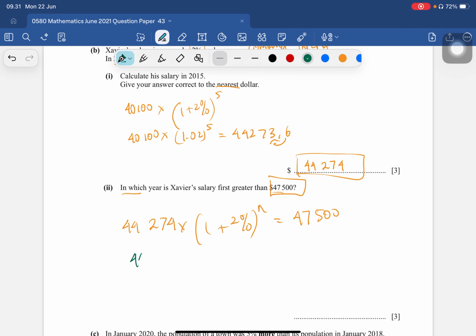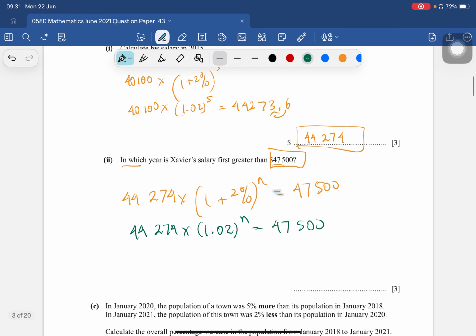Okay, so 44,274 multiplied by 1.02 to the power of n is 47,500. Okay, we can divide by 44,274. Also, 44,274 cancels.